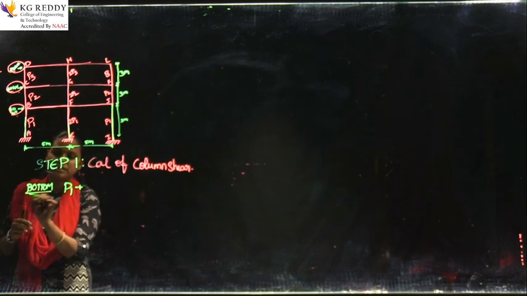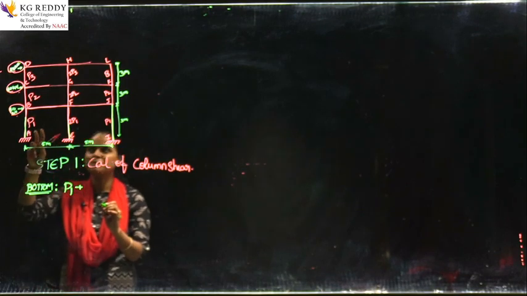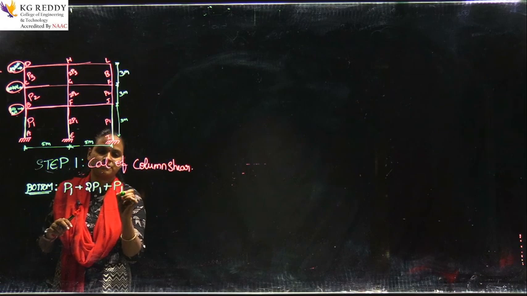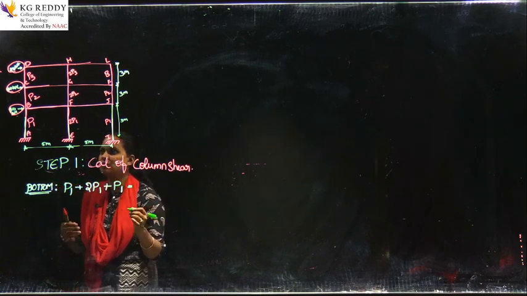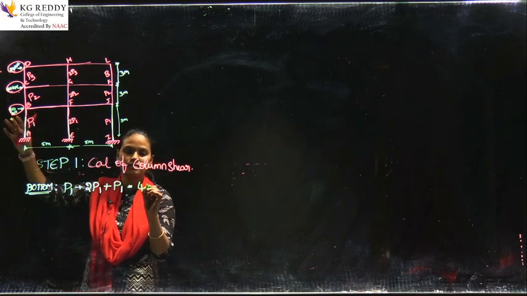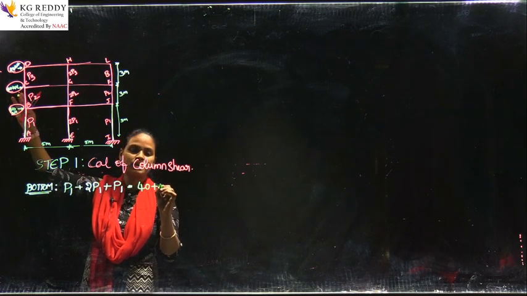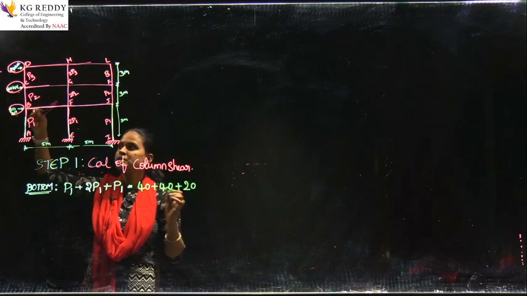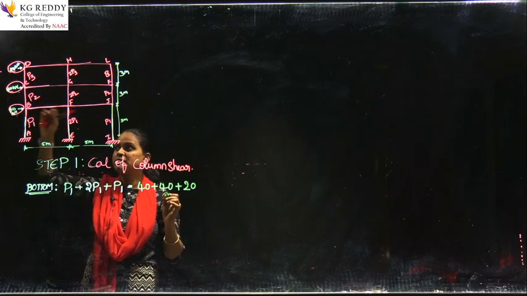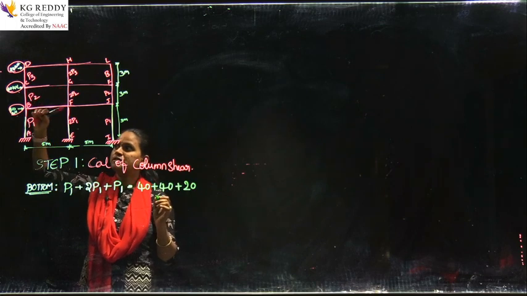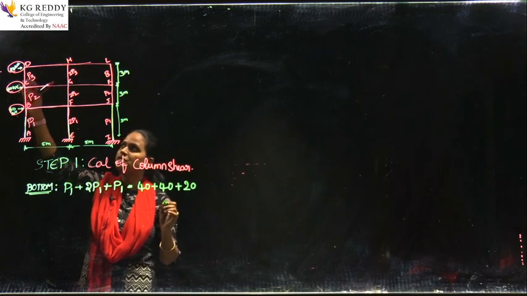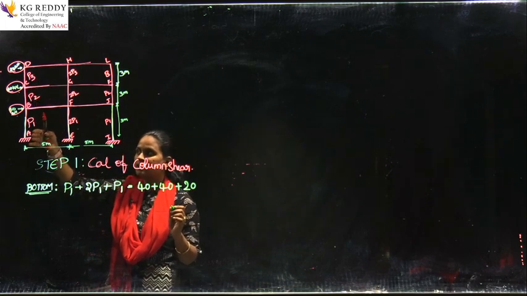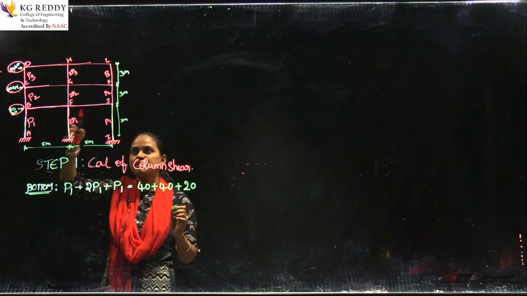For the bottom story, P1 plus 2P1 plus P1 equals the vertical loads acting on it: 40 kilonewton plus 40 kilonewton plus 20 kilonewton. You can see the loads acting on the beams: 40 kilonewton on the first, 40 kilonewton on the second, and 20 kilonewton on the third.